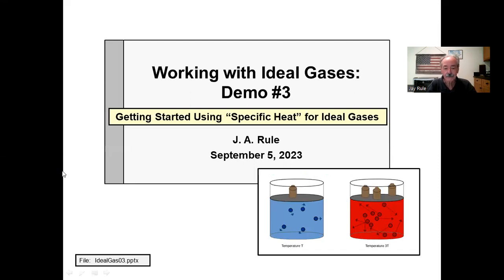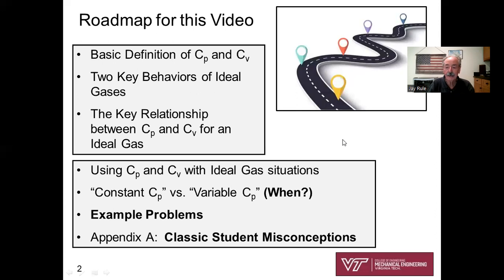All right, so the title of this is Getting Started Using Specific Heats with Ideal Gases. Little roadmap, because this is going to be kind of complex this time. We'll review the basic definition of C sub P and C sub V for all substances. Then two key behaviors of ideal gases, because that's our focus.